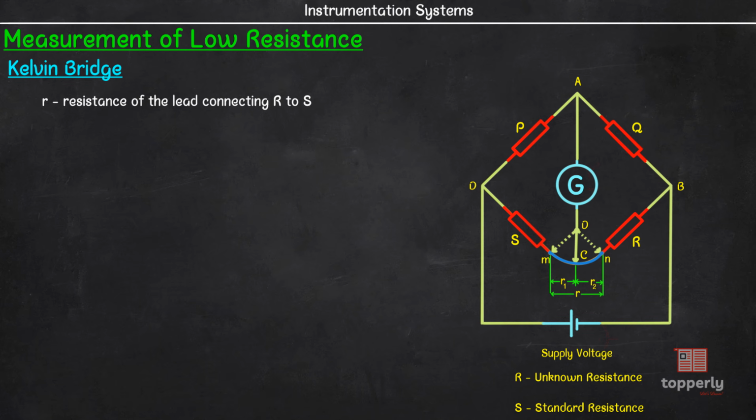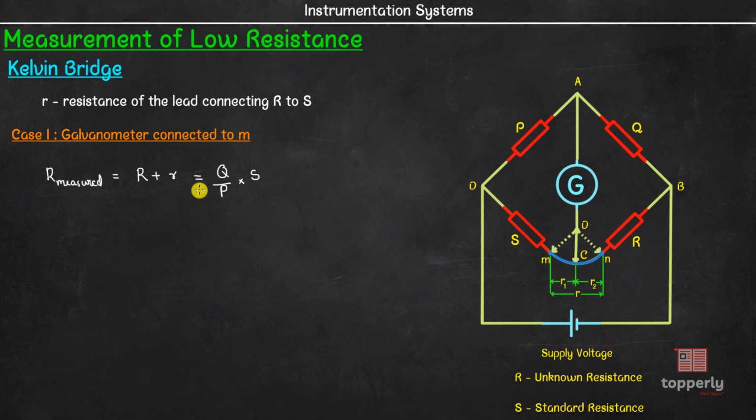Now, initially, let us assume that the galvanometer is connected to point M. Then, the lead resistance small r is added to the unknown resistance capital R. Therefore, if we write the equation for the balanced bridge, we get R measured equal to R plus small r, unknown resistance plus lead resistance, equal to Q by P into S. So the measured value is unknown resistance plus lead resistance.